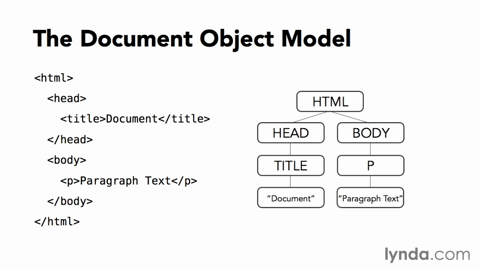So for example, the head and the body are child nodes of the HTML node, which is said to be the parent. The title is a child of the head node. The document is a child of the title node. The head and the body nodes are said to be siblings of each other. And you'll see this terminology used throughout the DOM API.